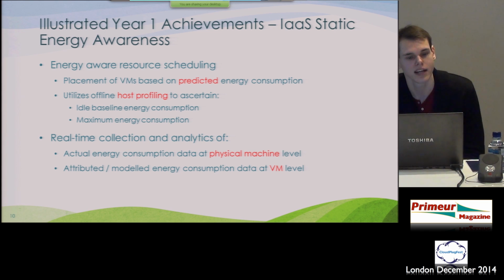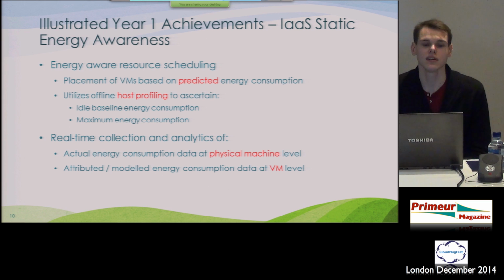Some of the achievements that we have managed in the first year of the ASCETiC project regarding static energy awareness is that we've been able to predict the energy consumption of virtual machines and use that information as a way to schedule resources in OpenStack, i.e. guide its deployment of virtual machines to physical host machines.